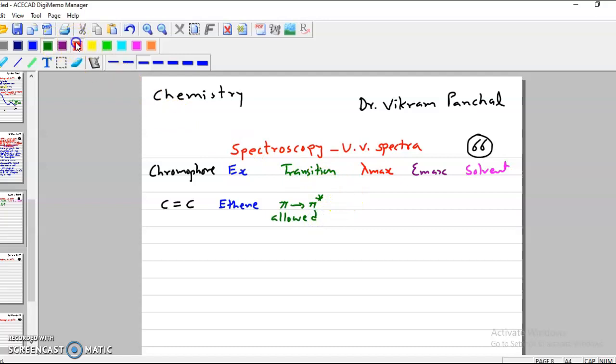The value of lambda maxima for this would be nearly 170, and the value of epsilon maxima is about 15,000. Here the solvent is hexane.